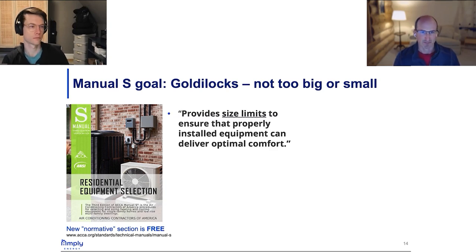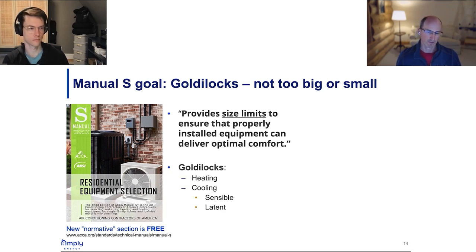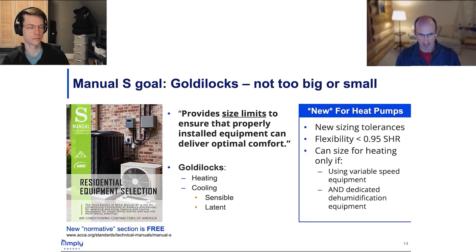Manual S, its purpose is to provide what Manual S refers to as size limits to make sure that we're delivering comfort to homeowners. And so those sizing limits are around heating, sensible cooling, and latent capacity. And the other great part about this new version of Manual S, there's a bunch of other great stuff now that's there specifically for variable capacity heat pumps.